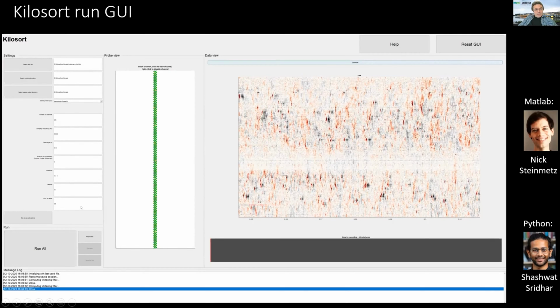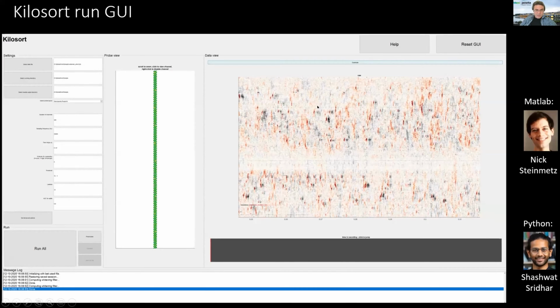You load the data in, and assuming you've configured your probe correctly here with the channel map and everything, you will see a picture like this on the right. On the y-axis are channels. Every row is a different channel. It's shown as an image. The x-axis is time. It's quite zoomed in. Every little event you see here is a spike.